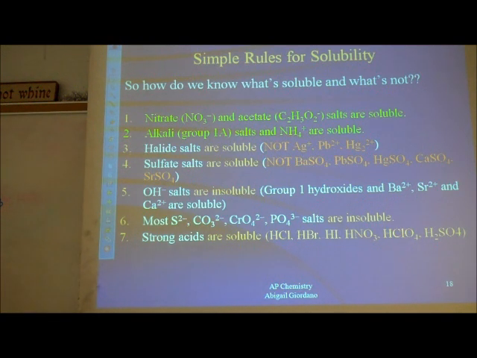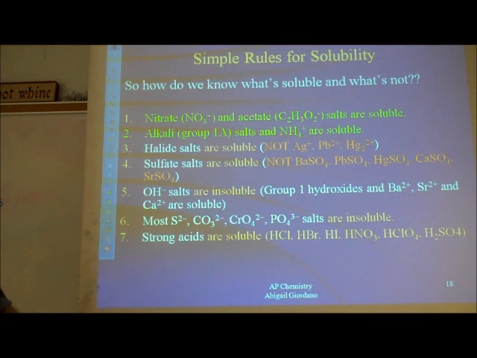Now, just as an example, I want you to look at this compound, lithium carbonate, Li2CO3. Look at our rules. Tell me, soluble or insoluble?